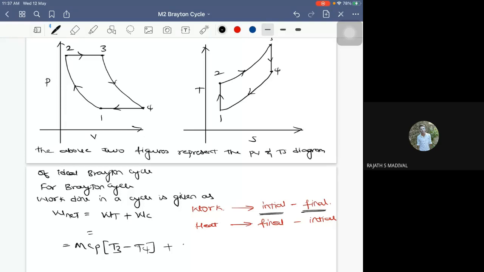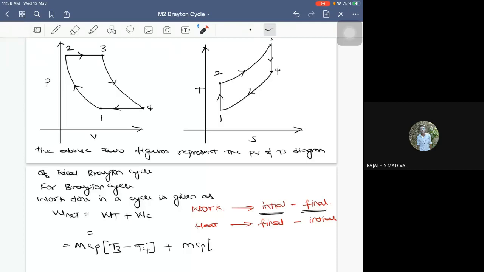Now all of you tell me for the compressor work, which is again MCp into, work means initial minus final. Compressor work is going from 1 to 2. So which one is initial and which one is final? Whether it is T1 minus T2 or T2 minus T1? T1 minus T2. Very good.